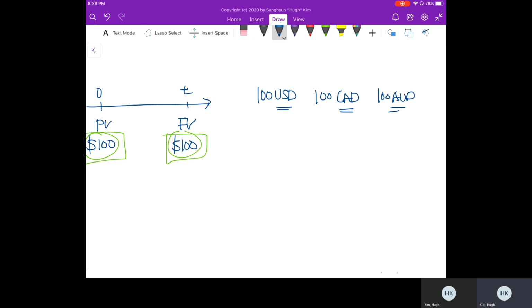So in order to compare them, you have to convert different currencies into the same currency. So you may convert Canadian dollars to US dollars and Australian dollars to US dollars. So you need an exchange rate.